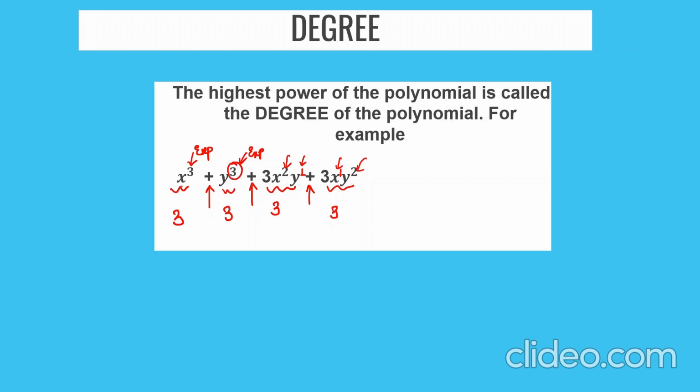Now we will check the whole expression, which is the highest degree among each of the terms. In this particular example, all the terms have 3 as a common degree. So the highest one is also 3. Hence, the degree of this expression is 3.